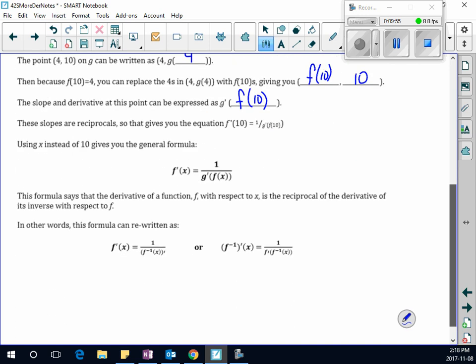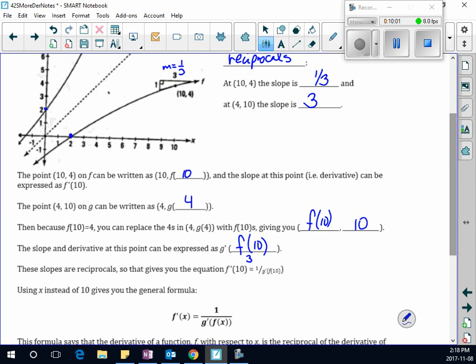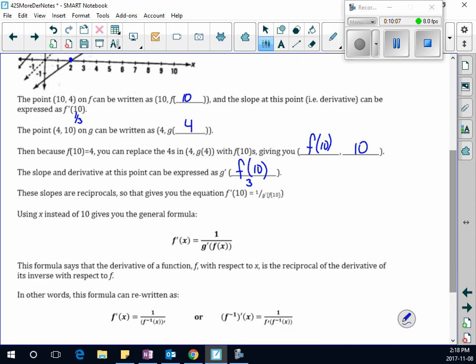Do you see this? This was 3. And this is 1/3, right? So I'm saying that f prime of 10, which is 1/3, is the same thing as 1 over that, which is 1/3. Which is true.